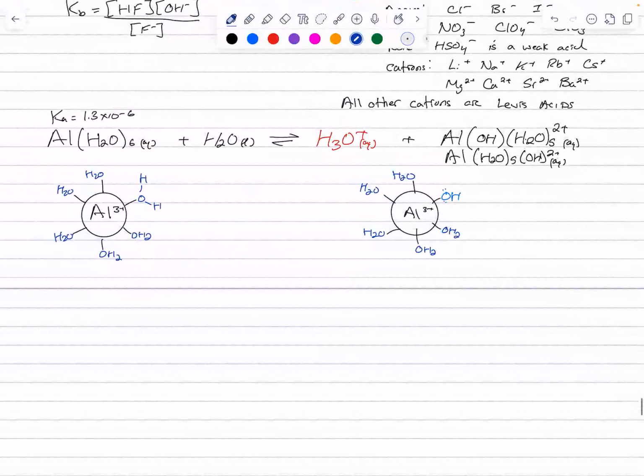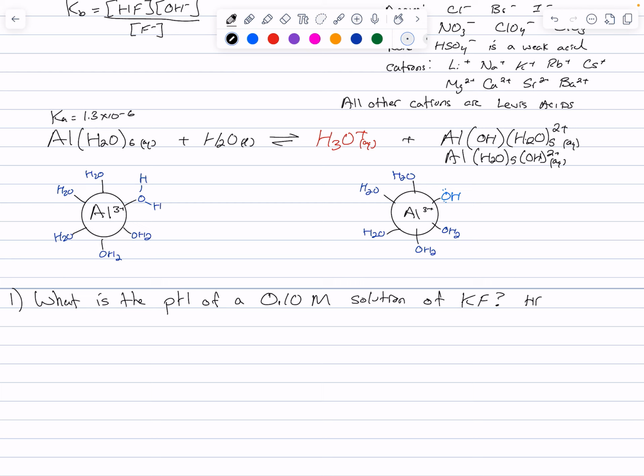So now, some questions, some examples. Number 1, what is the pH of a 0.10 molar solution of potassium fluoride? Now, I'm going to give you hydrofluoric acid's Ka, which is 6.8 times 10 to the minus 4. So what do we do?